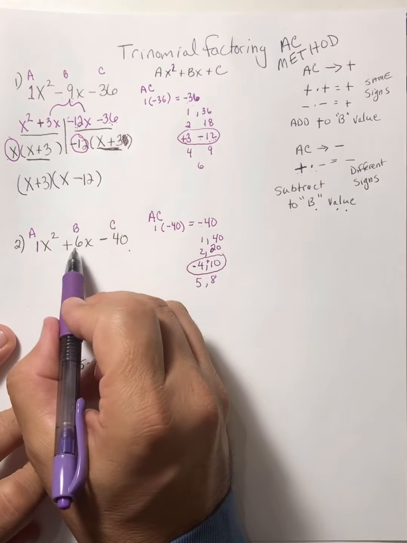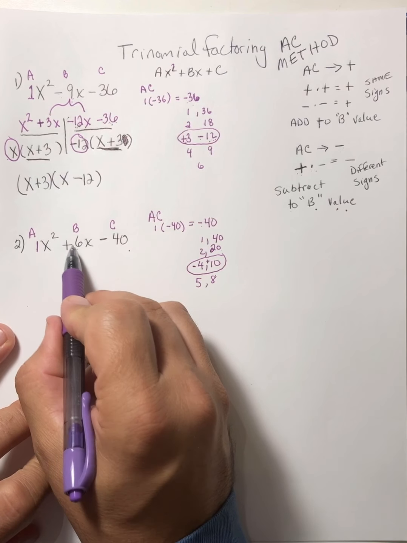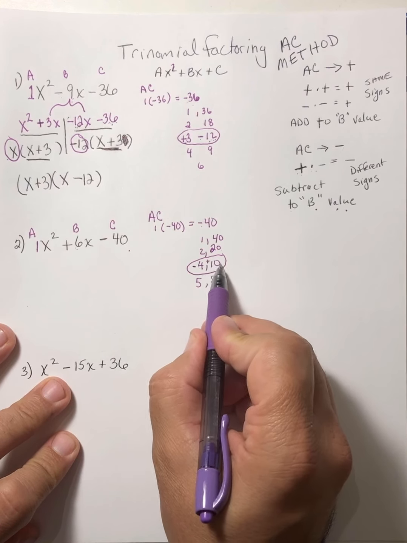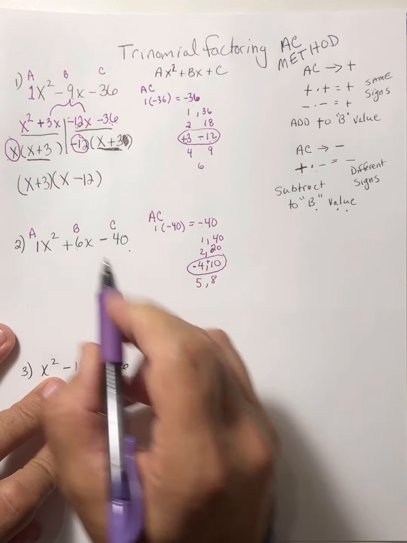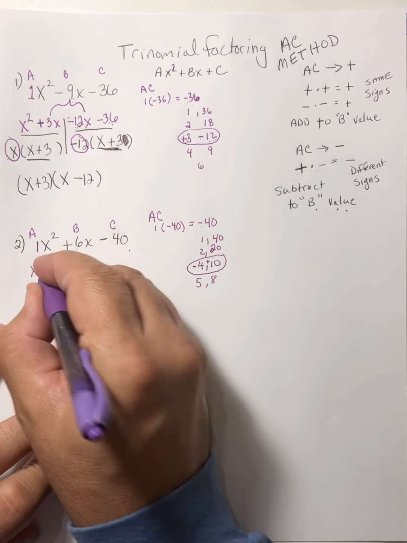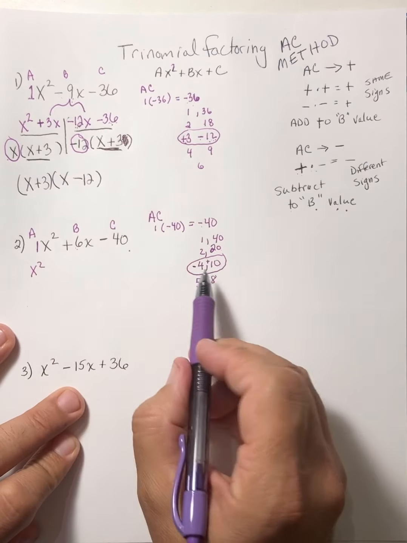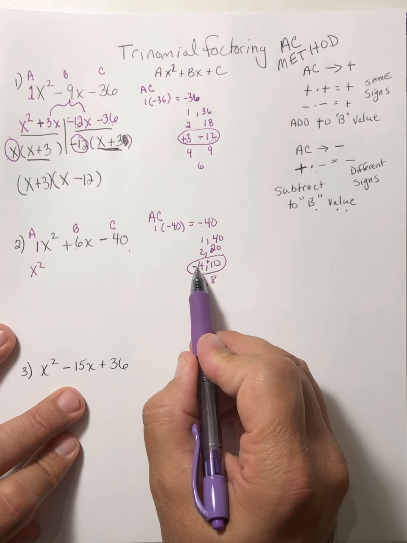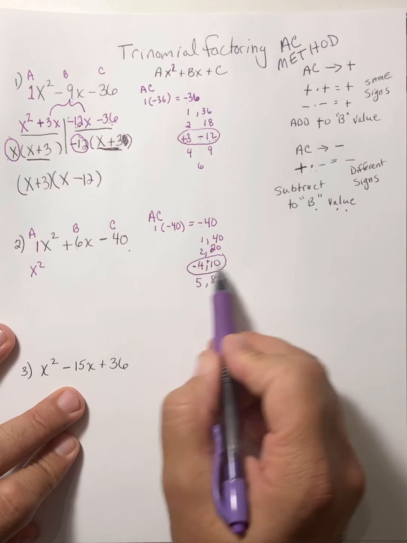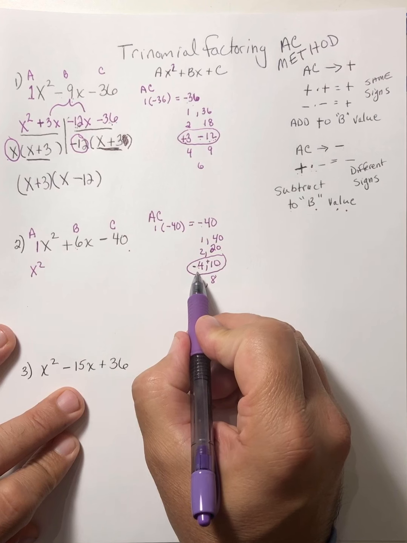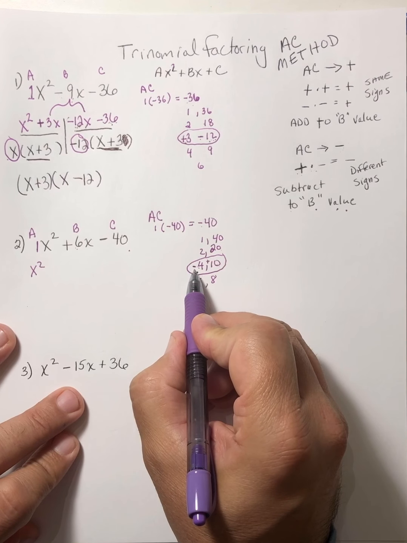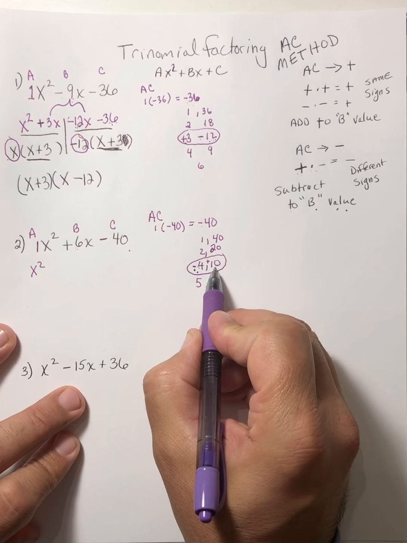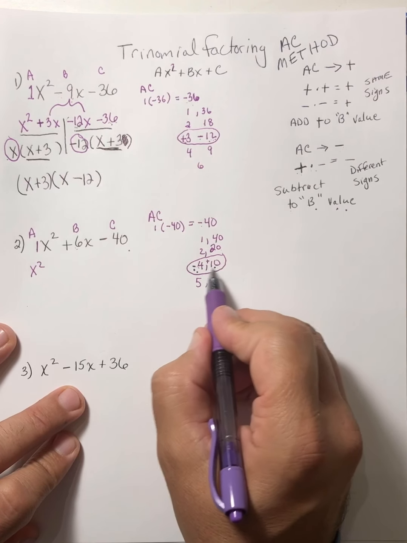So here we go. We're going to take 6x and we're going to break it up into those two pieces. So I'm going to write x squared first. Then I'm going to put, again, close your eyes and write down whatever one you want to write down first. It does not matter. If you want to factor with a negative number, you put the negative number last. If you don't want to factor with a negative number, we put down the plus 10 last.